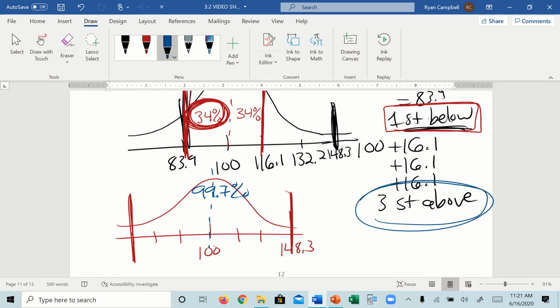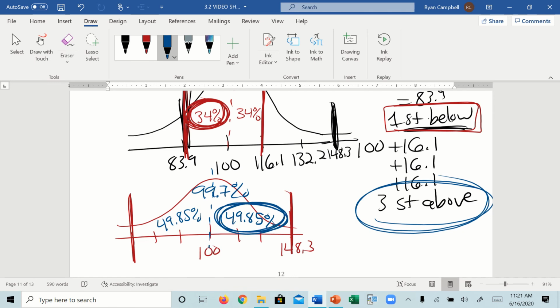We want just above 3 standard deviations. So if we cut it in half, if we divide by 2, we see that that's going to split up into 49.85 and 49.85. Since we want the top 3 standard deviations, this is the percentage we want.